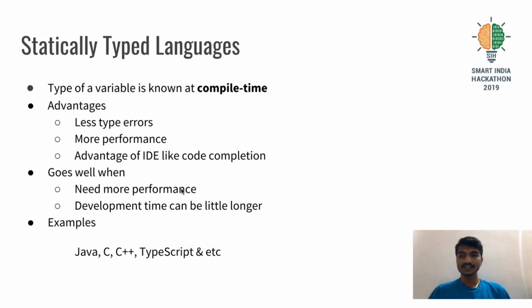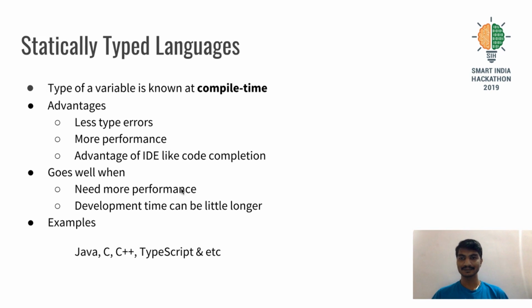So, what are the advantages of statically typed languages? It gives you fewer type errors at runtime, because during compile time or development time itself, you know what kind of data is going to be in a particular variable. So the IDE will be more intelligent in giving you feedback on errors you're going to get during compile time.